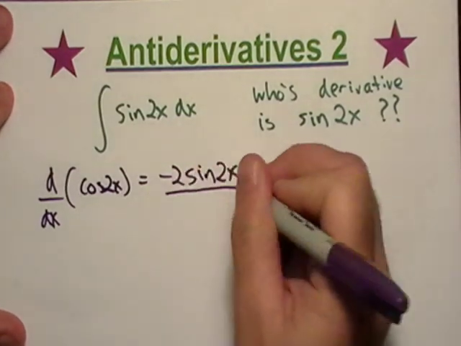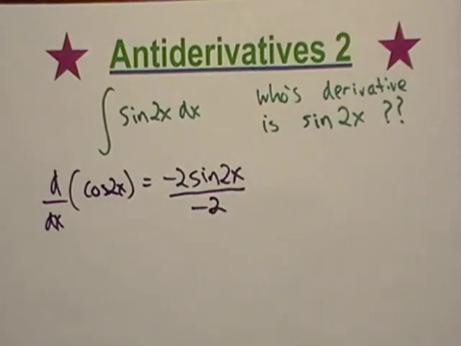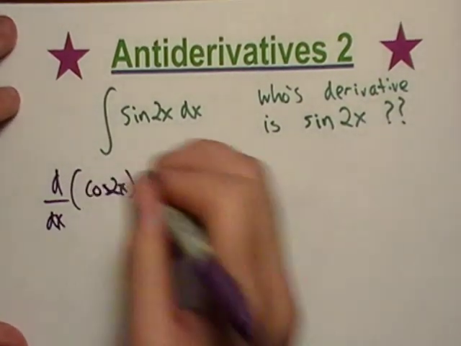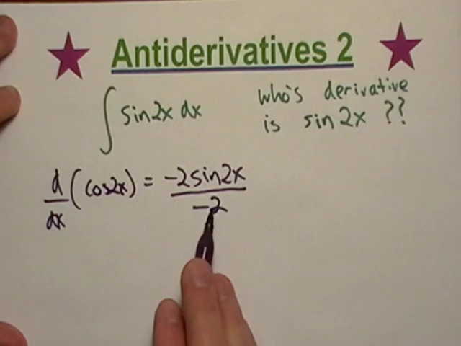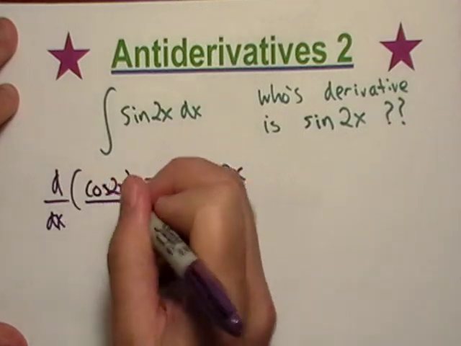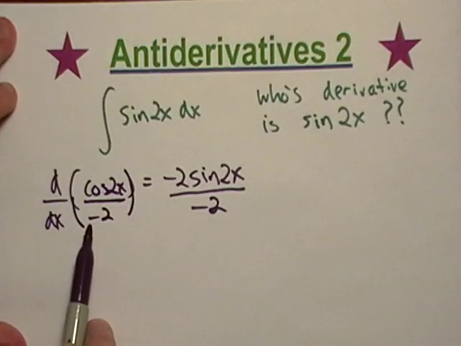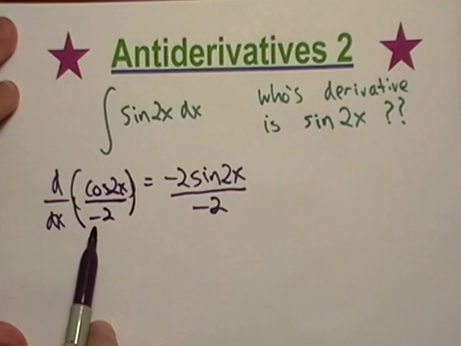All that needs to happen is I need a negative 2 in the denominator. So if I want my final product to have a negative 2 in the denominator, it's basically a negative 1/2, and I can throw that into my original function, and it won't go away when I differentiate.